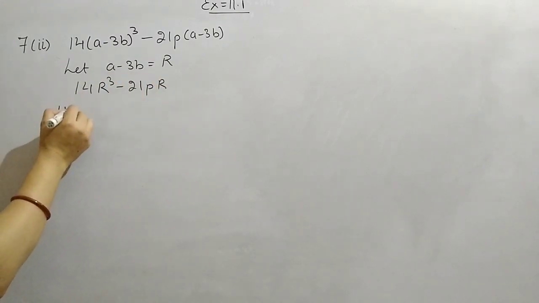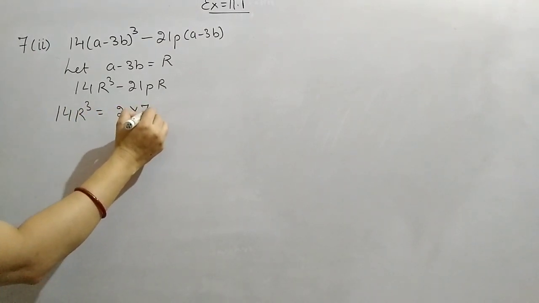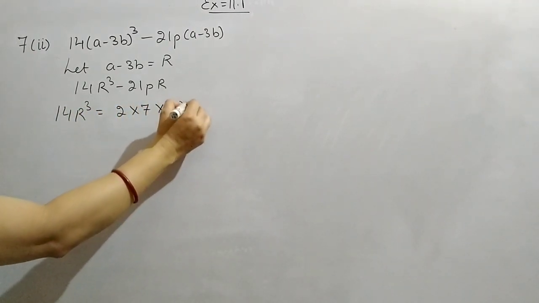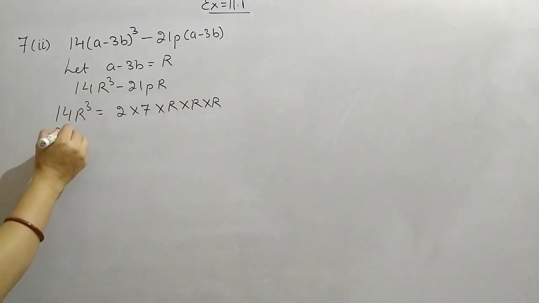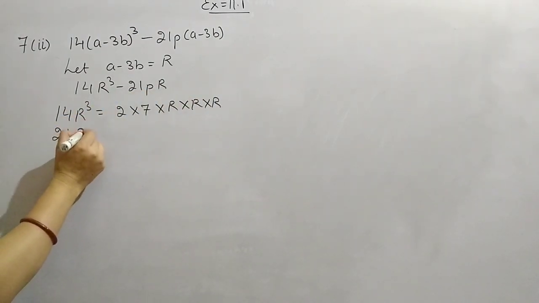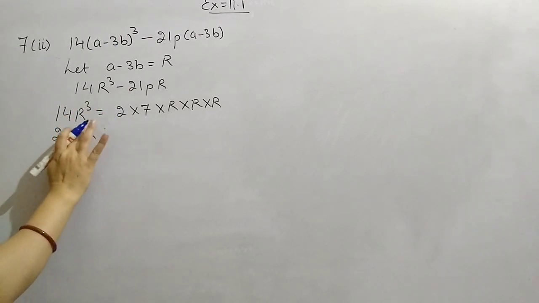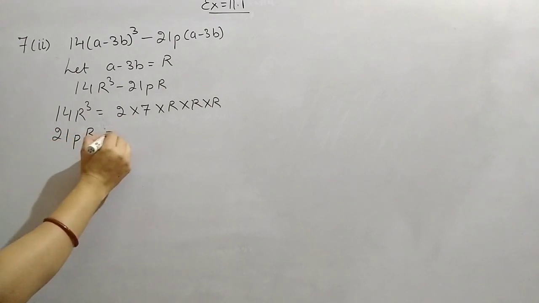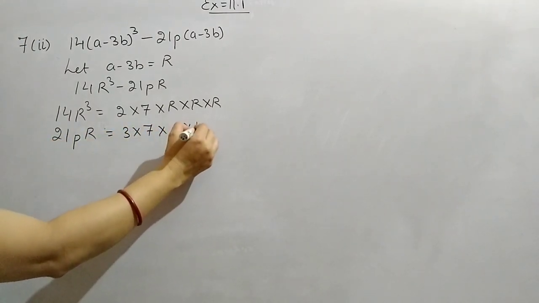If we factor 14r cube, we get 2 into 7 into r into r into r. And if we factor 21pr, then we get 3 into 7 into p into r.